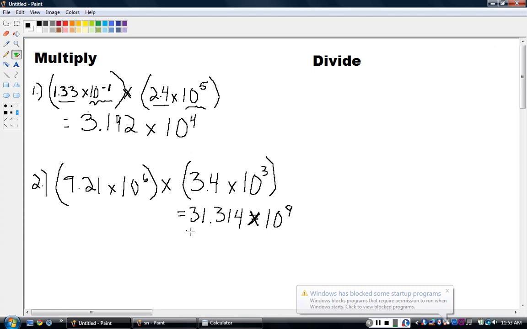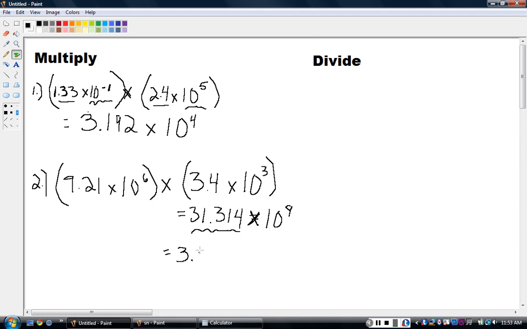The problem with this is I want to write my answers in scientific notation. This is not scientific notation because that number is not between 1 and 10, right? So what I have to do is write that number by itself in scientific notation, just this guy. You'd have to move the decimal place over 1, right?